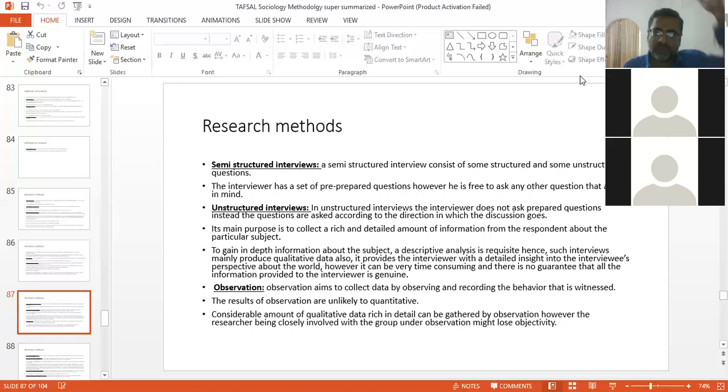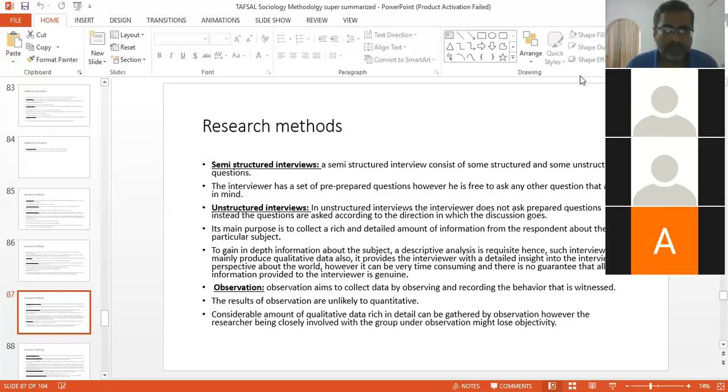So some questions will be the same for all the respondents, other questions will vary. And then there are the unstructured interviews. In the unstructured interview, there are no prepared questions. The questions emerge as the interview progresses. So it's an emergent form of collecting the information, and an emergent form of developing the questions.